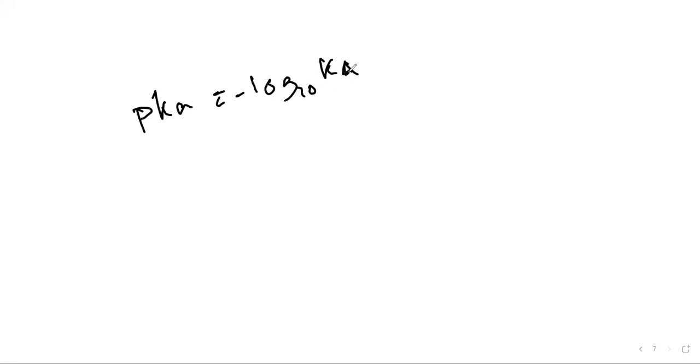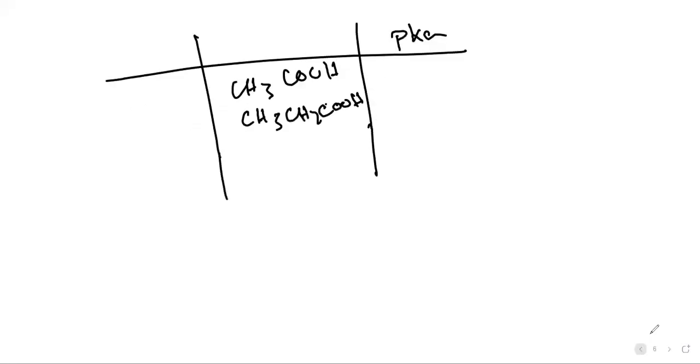So they will be giving us the values and mentioning for which molecules the pKa values are given. Sometimes they will give you the pKa value, sometimes they will give you the simple Ka values.